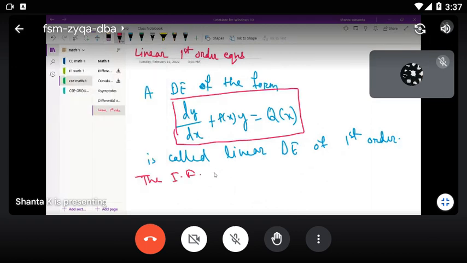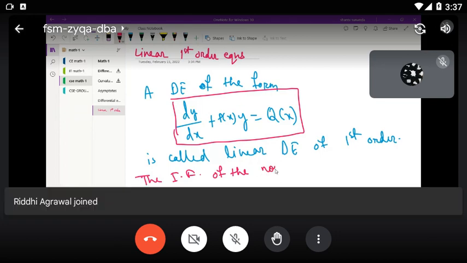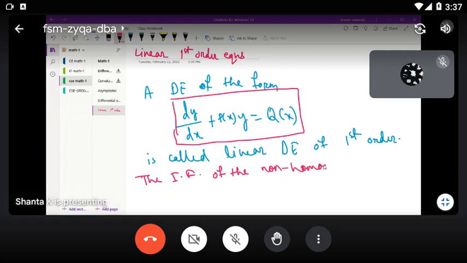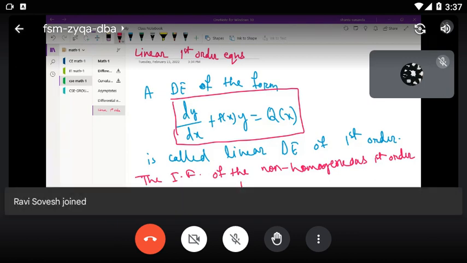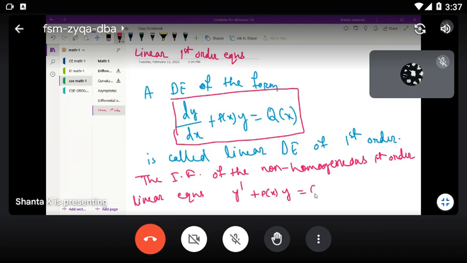The integrating factor of the non-homogeneous first order equation y' plus P(x)y equals Q(x) is e^(∫P(x)dx).